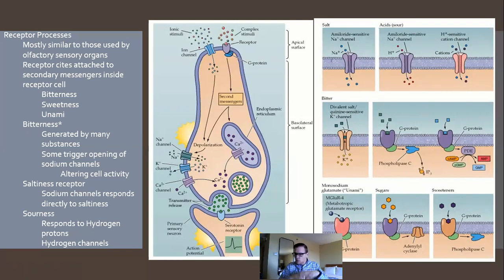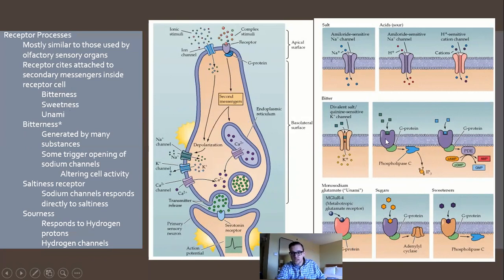Now, bitterness, we're seeing a lot of chemicals taste bitter to us. And for that, also, here's sweet and sugar, right? So here are these 3 listed here, but you see them up here.